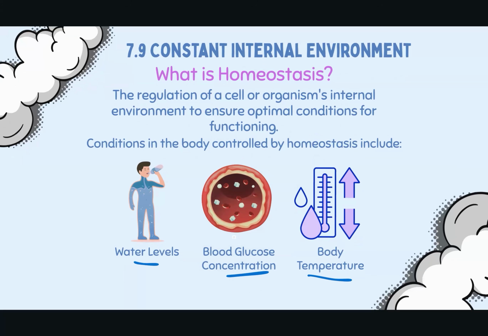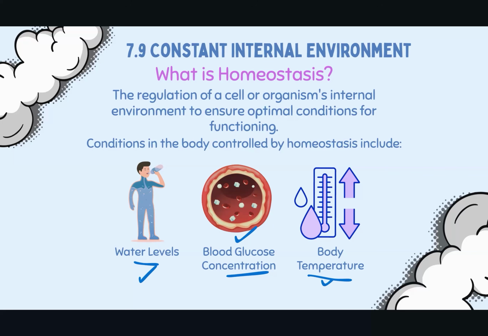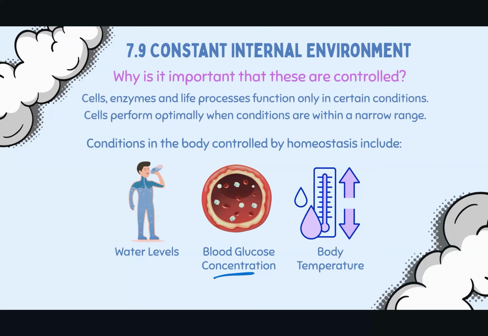Now, this controlling of blood glucose is for everyone, but to understand how water levels are controlled and body temperature is controlled, that is triple. So there are elements of this lesson that will be linked to triple. So why is it important that these are controlled? One thing that stands out straight away is body temperature and enzymes. Cells, enzymes, and life processes function only in certain conditions.